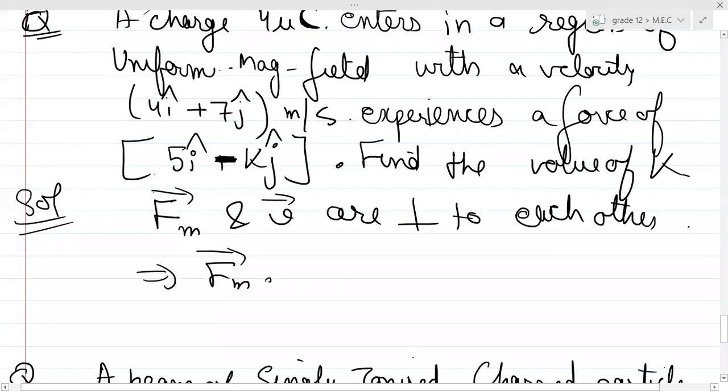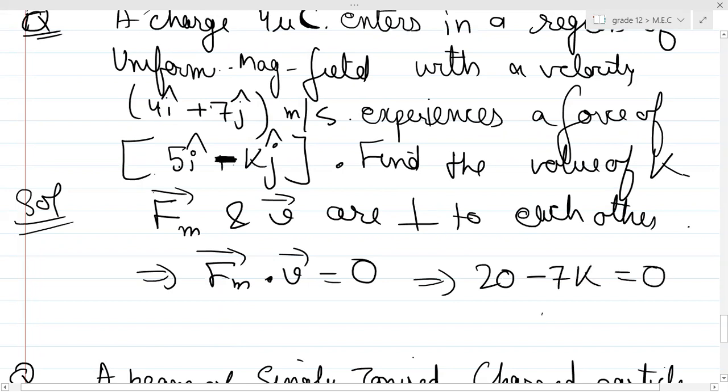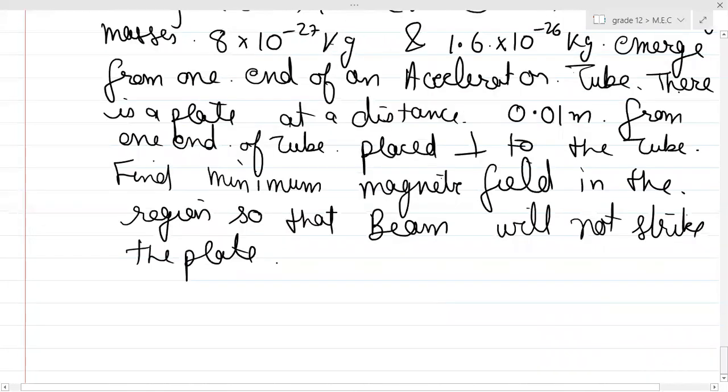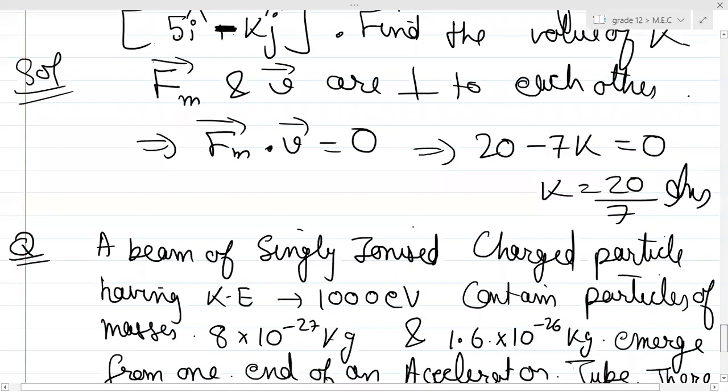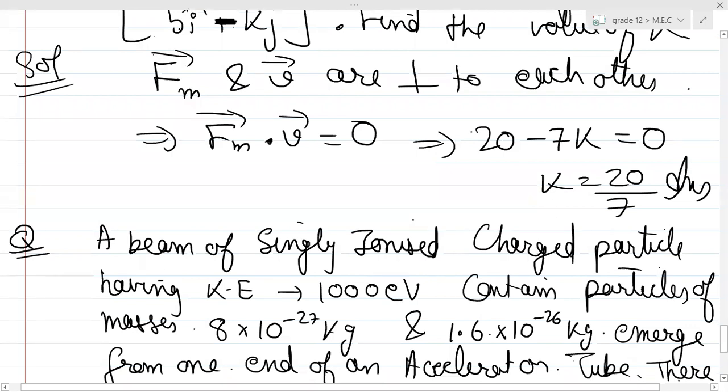If they are perpendicular, the dot product should be zero. So 4 multiplied by 5 plus 7 multiplied by minus 7k should be equal to 0, and from here k is equal to 0. It was looking big, but it is not big at all. Simple concept. So we applied vectors and found out the value.